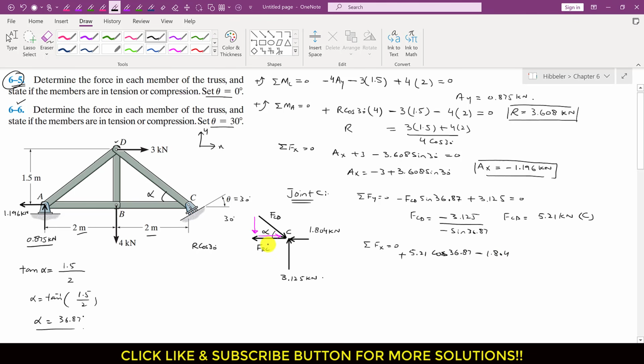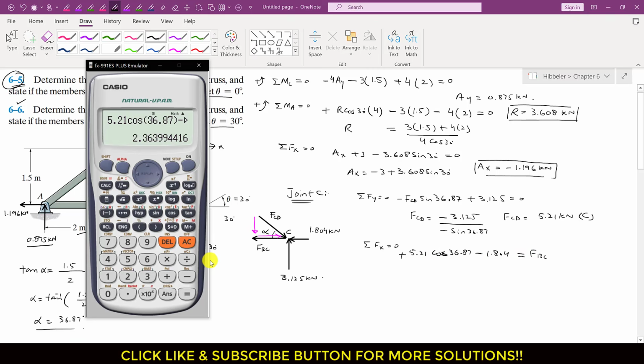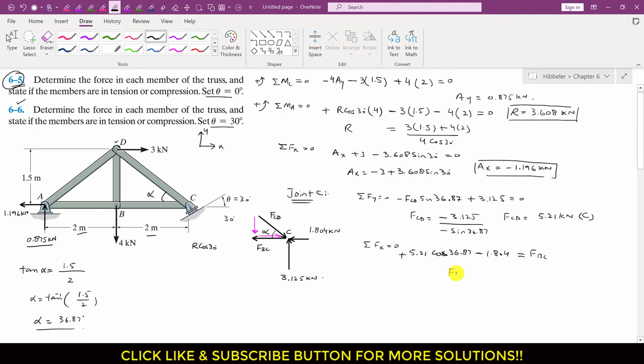And this is also acting in the negative x direction, so this is FBC, so I will write minus FBC, and this is equal to 0. If we bring this to the other side of the equation, it becomes positive. So FBC equals 2.36 kilonewton, and as it is acting away from joint C, this means that it is the tension force.